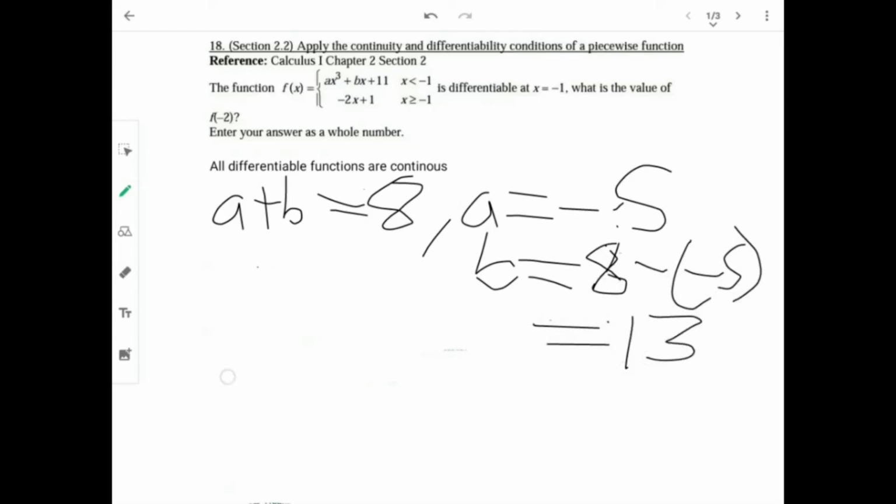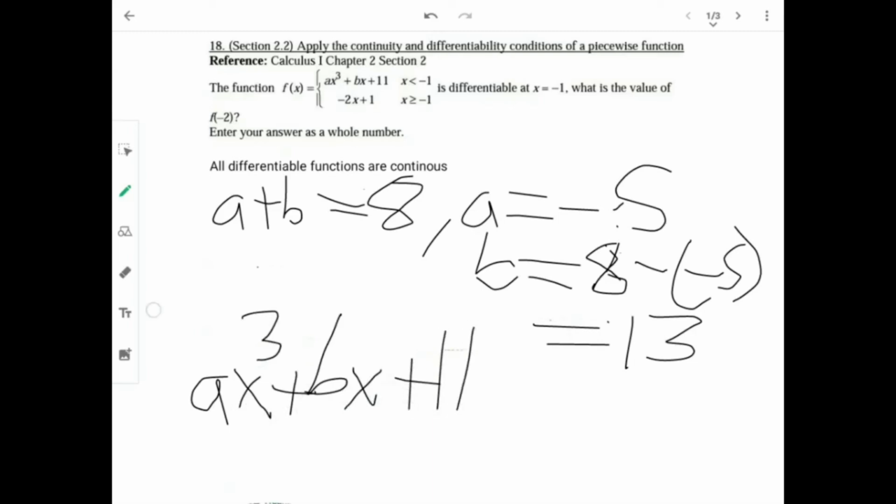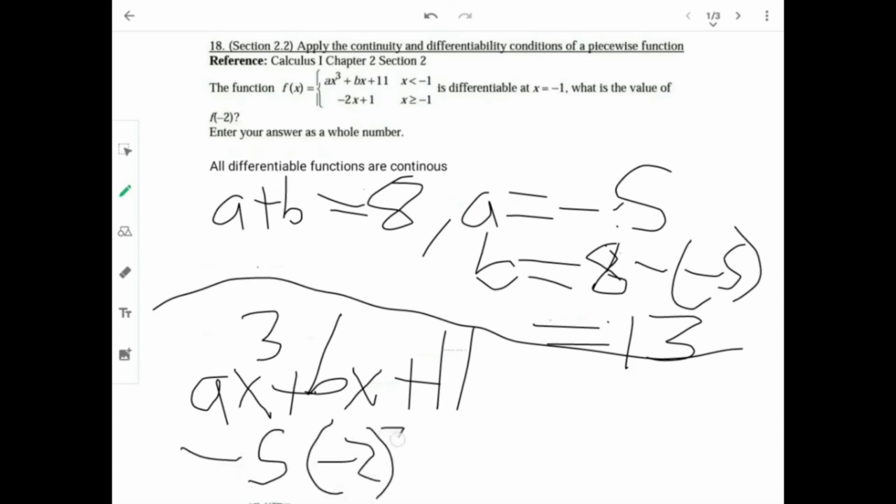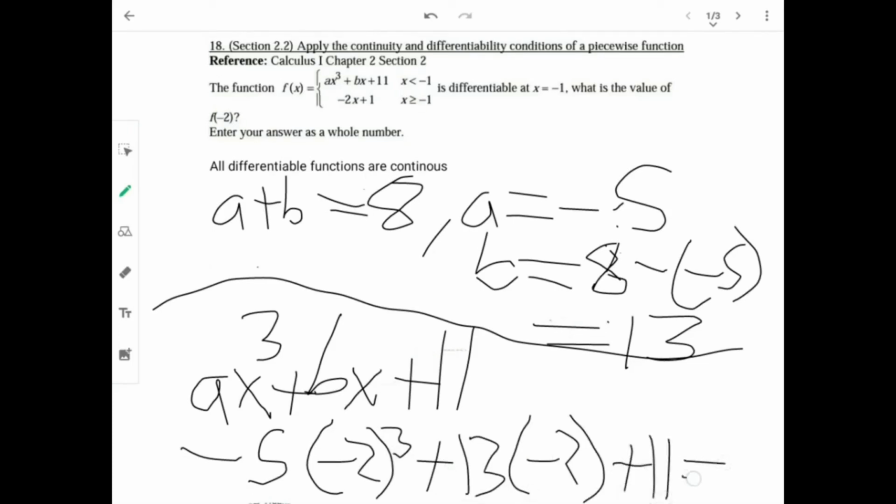So a x cubed plus b x plus 11 is the function for f of minus 2. So you get minus 5 times minus 2 cubed plus 13 times minus 2 plus 11, it's equal to 25, and that is the answer.